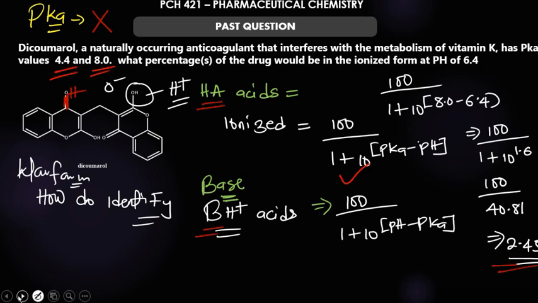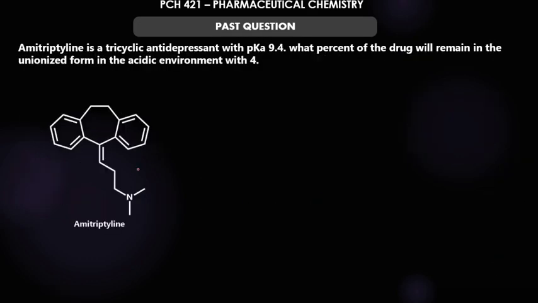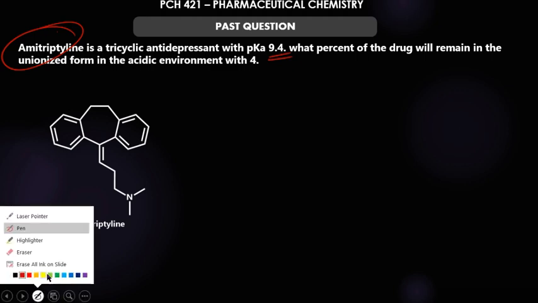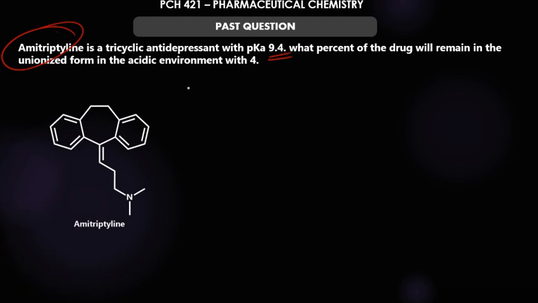Most times the structure will be given to you. I've often wondered why that structure was even in the formula in the first place. The next one we have is a tricyclic antidepressant, amitriptyline, with a pKa of 9.4.